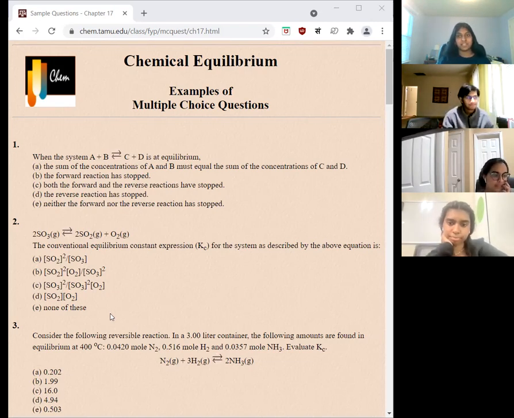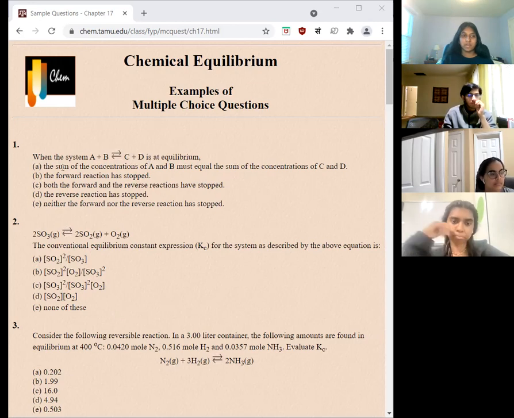They're just happening at the same rate so that it looks like they've stopped. And it doesn't have anything to do with the actual value of the concentrations. There can be a ton of the products and very little of the reactants, and that can still be equilibrium. So we can eliminate A, and then like we said, it doesn't mean that either reaction has stopped, so we can eliminate B, C, and D.